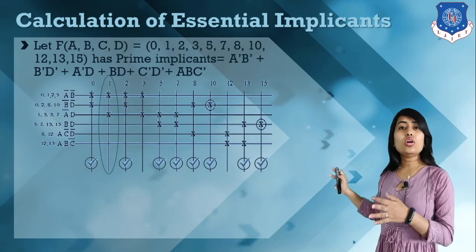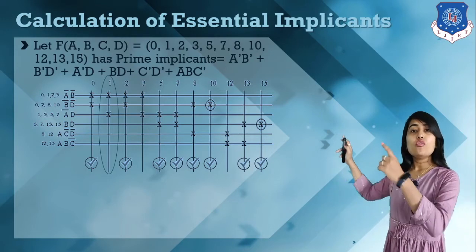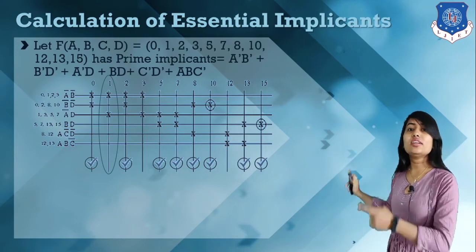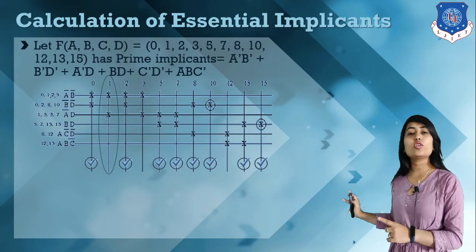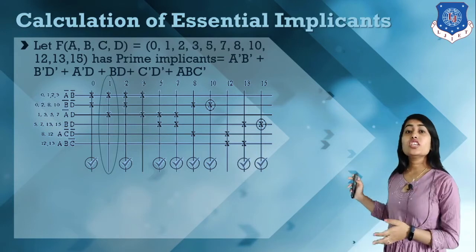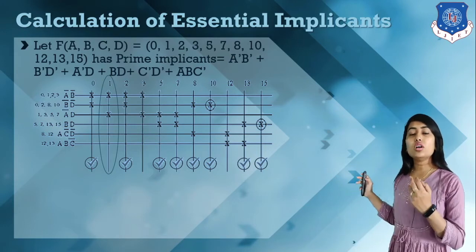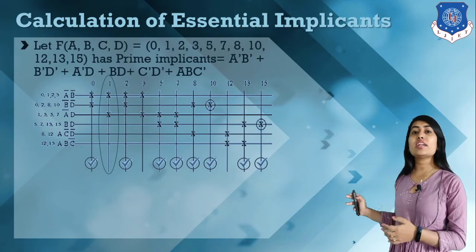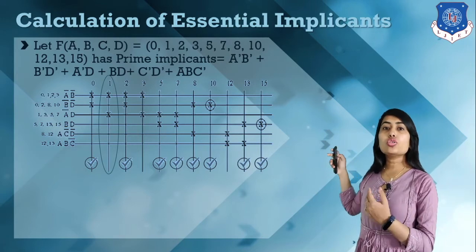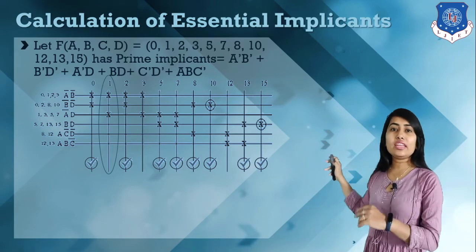So all the entries are covered, but 1 and 12 are not checked. That means using these essential prime implicants, 1 and 12 are not covered, so we again have to consider the terms which cover 1 and 12. For 1 we have 2 crosses, so we can write any of the terms.